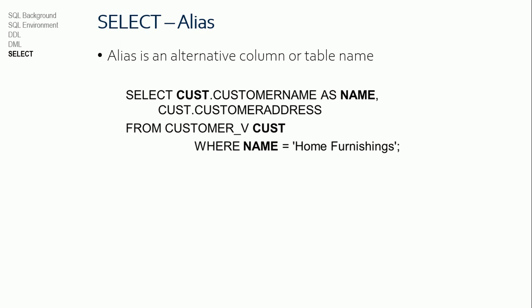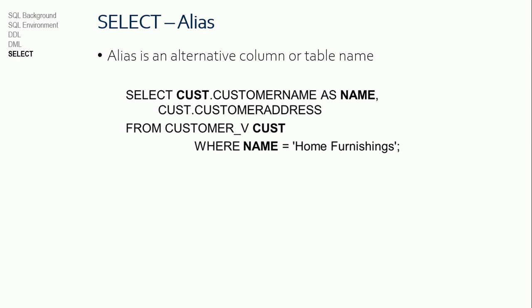So for example, by the way, alias is also kind of important because it makes it easier to work with your queries. Here we're selecting from our customer V table, but instead of spelling out customer V every single time we reference that table name, we can shorten it to cust by adding that alias.